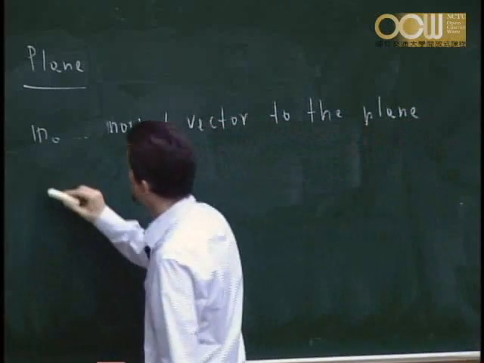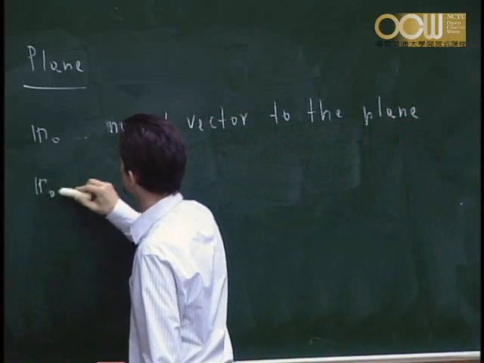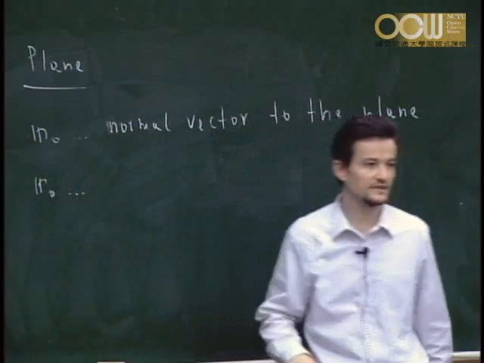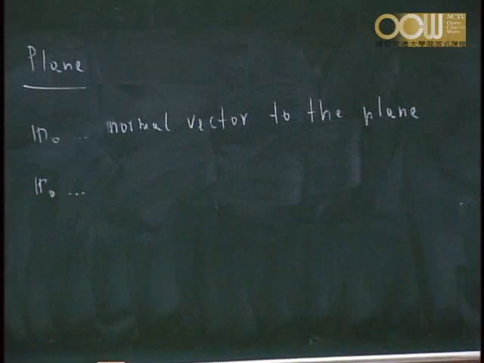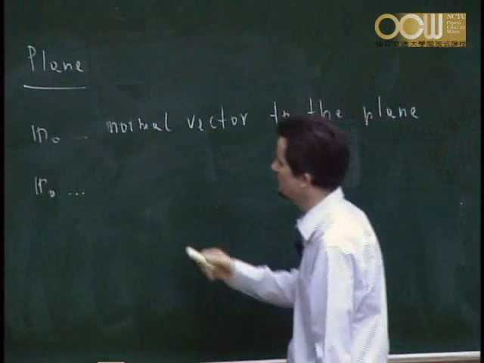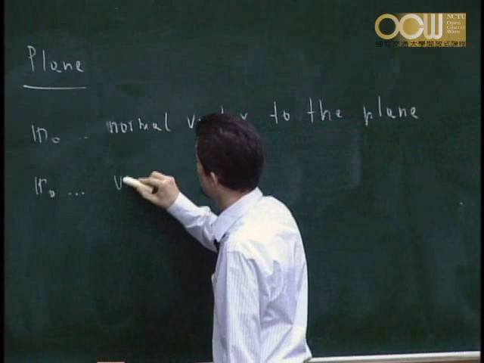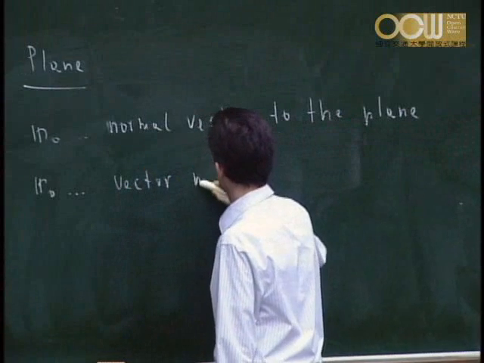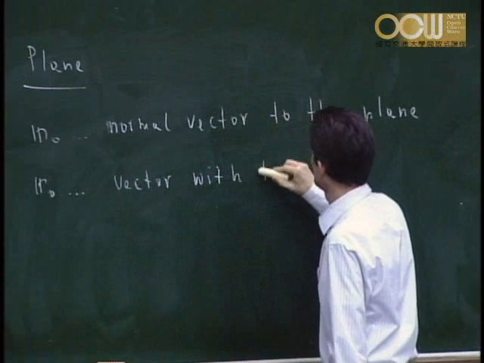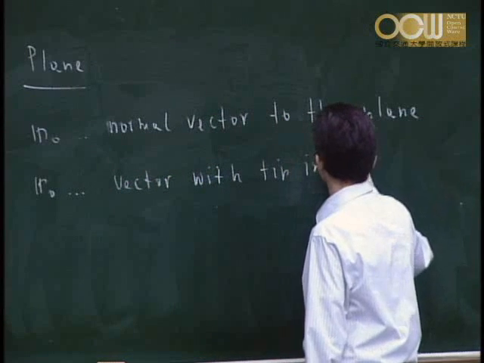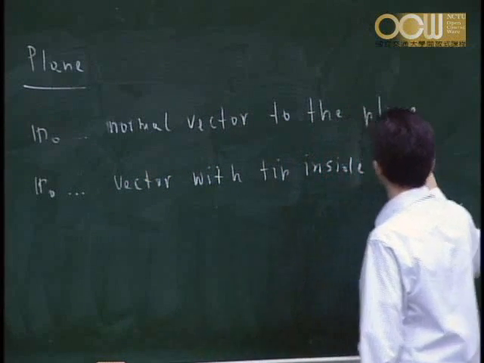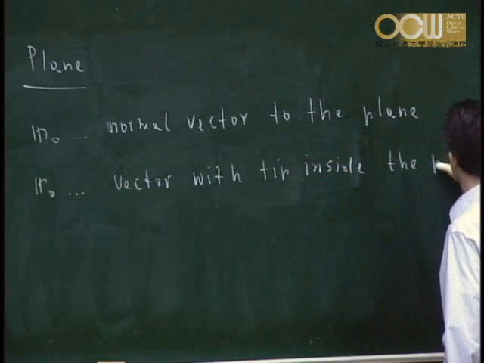To the plane, and you have again a point in the plane, or we can represent the point as a vector, so that the tip of the vector will be the point which is inside the plane. So, a vector with tip inside the plane.